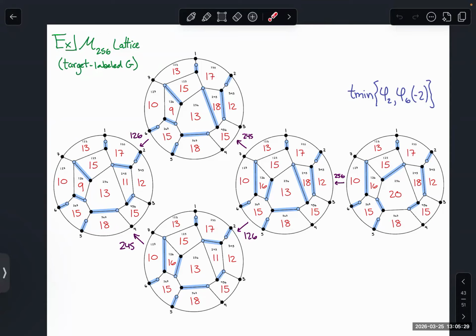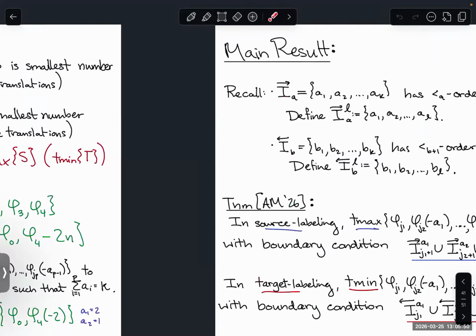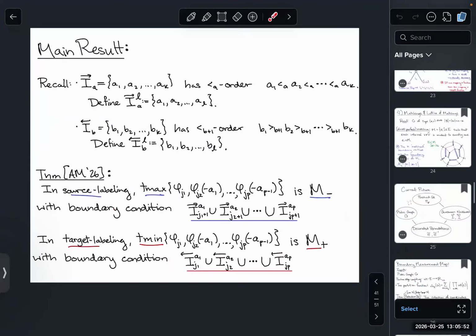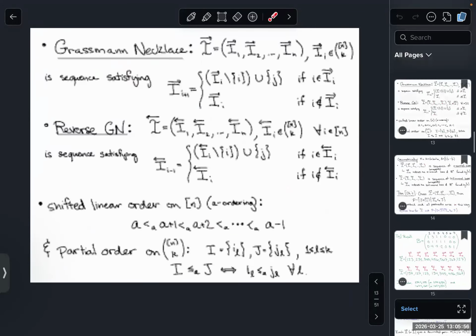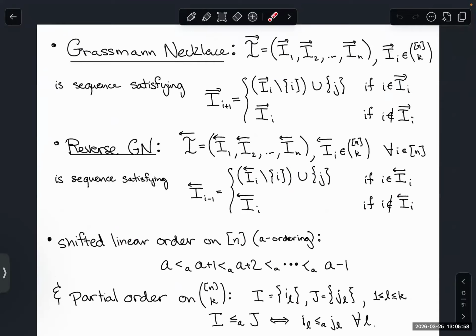I also have a question. Why are the Grassmann necklaces named necklaces? Are they connected to the usual combinatorial necklaces in any way? Yeah, I guess they're defined with this recurrence relation and exchange relation.